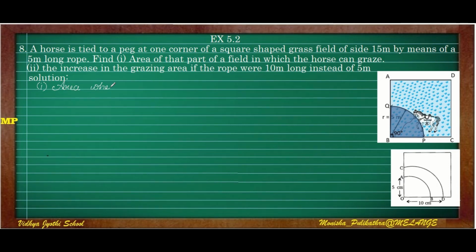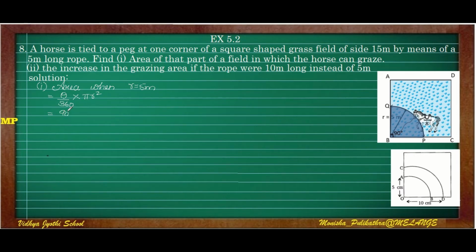Area when the length of rope is 5 meter. So this is 5 meter. So area of the sector is theta by 360 into pi r square. So theta here is 90 degree.